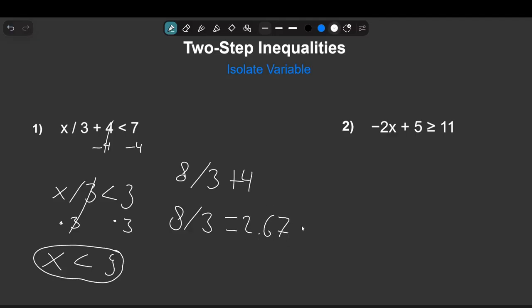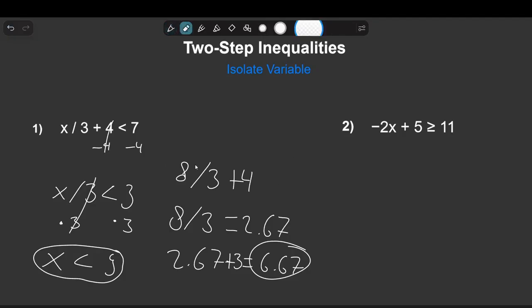Now we have to add 4 to 2.67. 2.67 plus 4 will equal 6.67. So this means that our answer of less than 9 is correct because we are left below the 7.